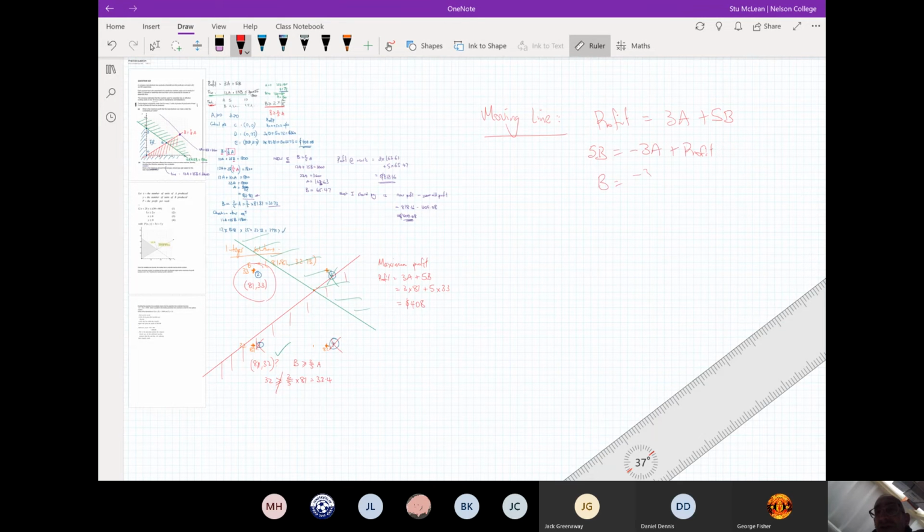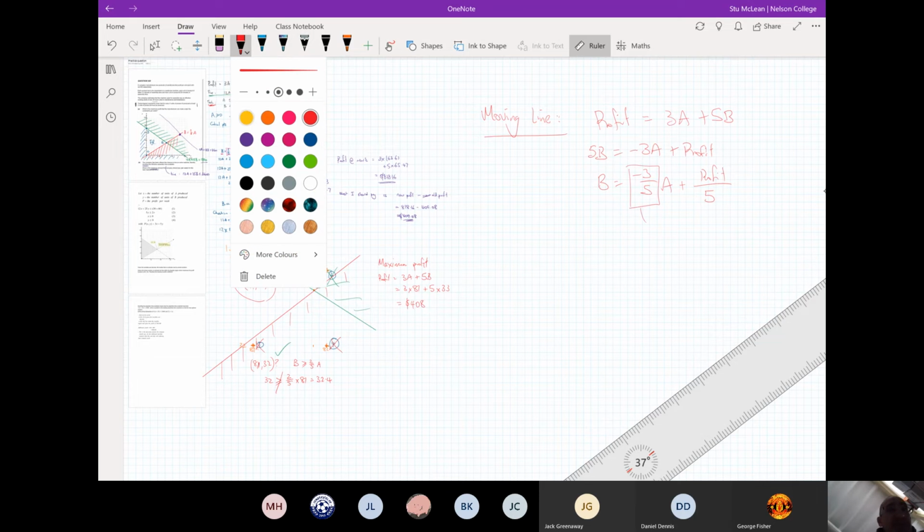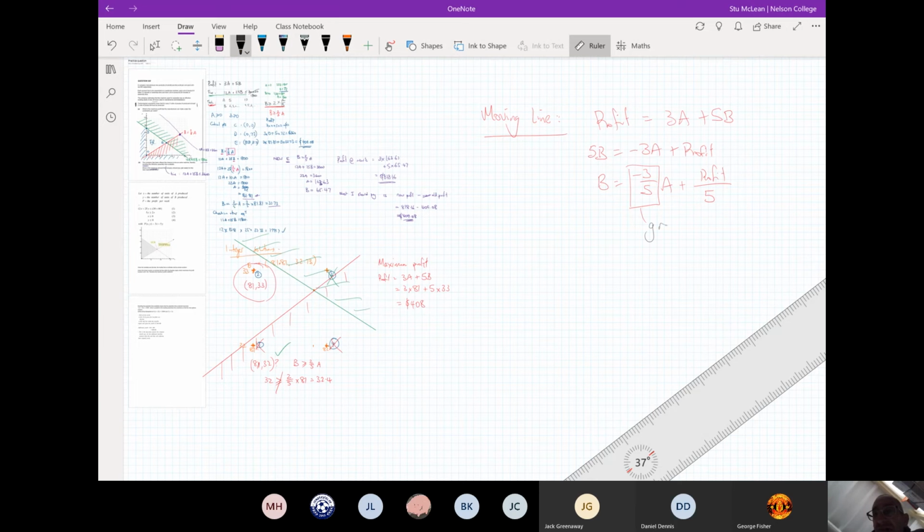So B is minus 3/5 A plus profit over 5. This here is the gradient of my profit line. It's minus 3/5.